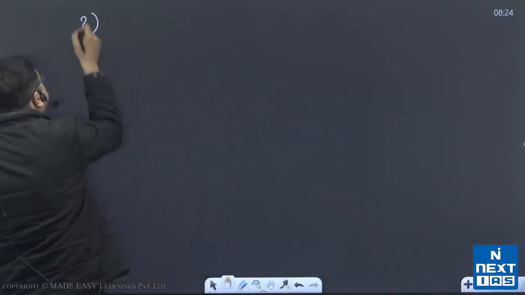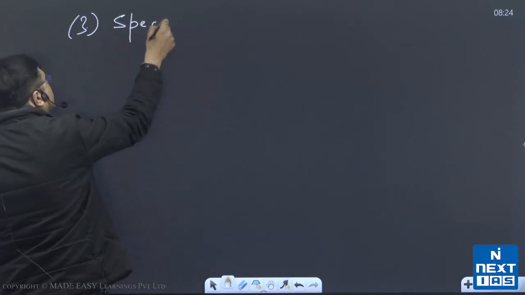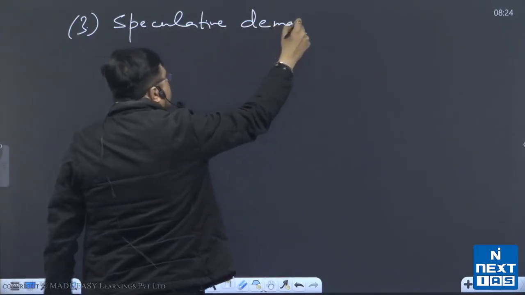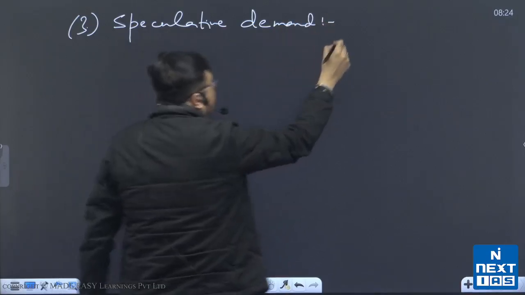Then there is a third factor which affects demand for money. It is called speculative demand for money.